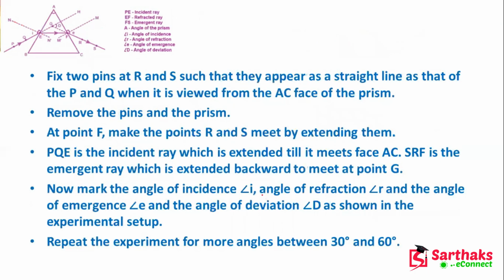Now next, fix two pins at R and S, such that they appear in a straight line with P and Q. You take the scale, then you put these two pins. P and Q are viewed from the AC face of the prism, so from this face you can see this PQ.